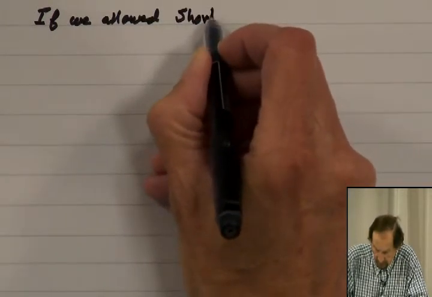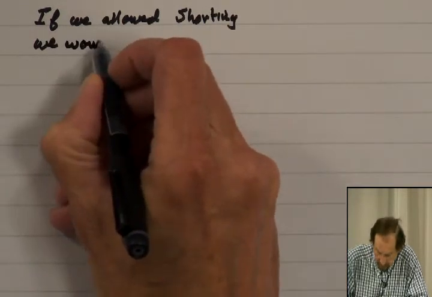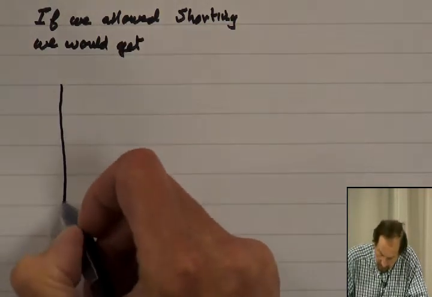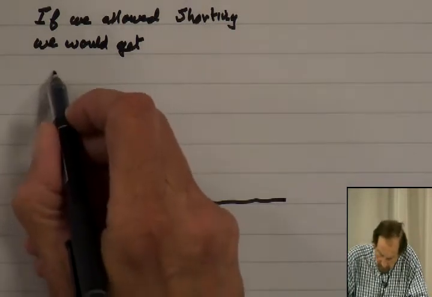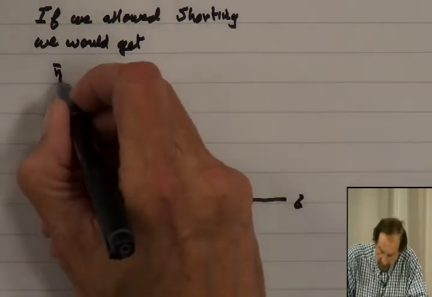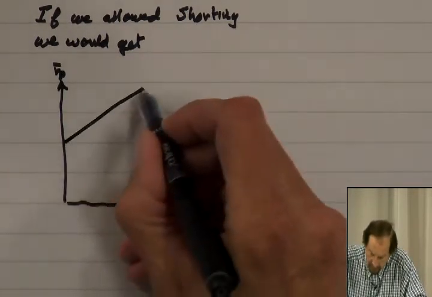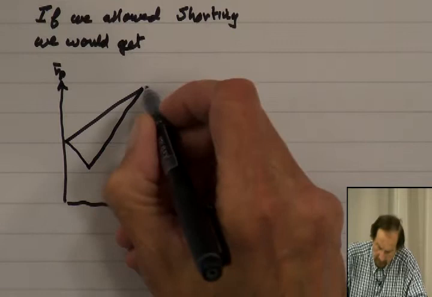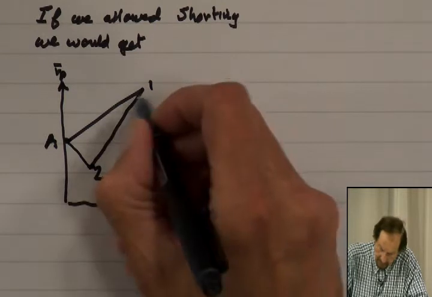Shorting, we would get something that looked like the following. R bar and sigma, this is R bar P and sigma P, of course. We get 1, 2, A, as before, as the three vertices.